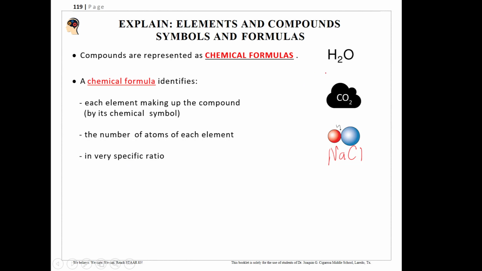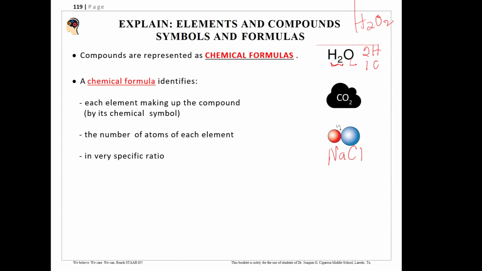For example, water will always be H2O, meaning two hydrogen always and one oxygen. If you remember our activity a while ago where we have H2O2, remember the hydrogen peroxide? An addition of one oxygen makes it not water anymore.